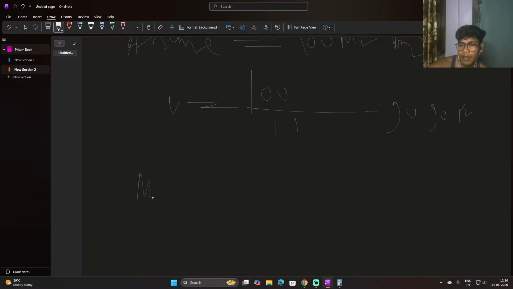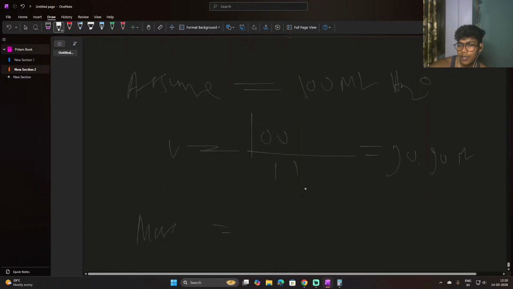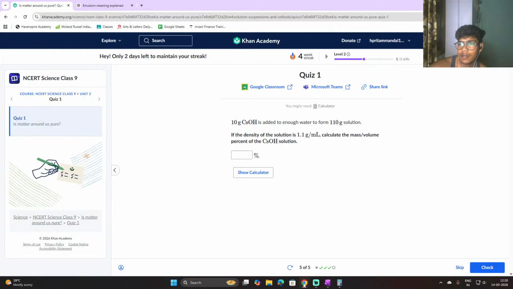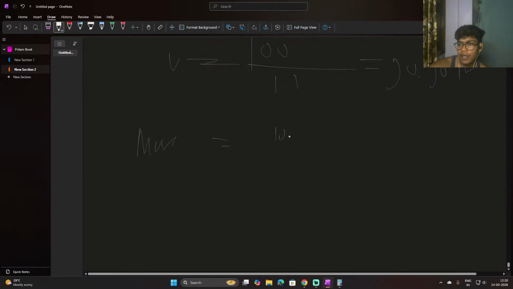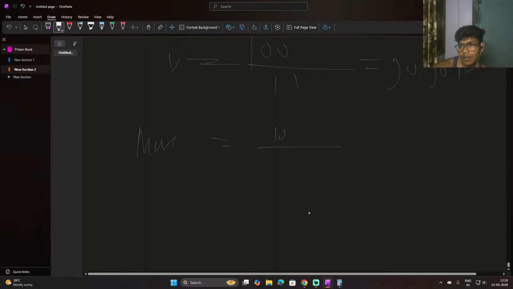Now you get the volume. Now you know mass equals how much that solute, 10 gram, divided by what they are giving, the 100 gram solution. Why do we need the water here? 110 gram into 100, why we need that?